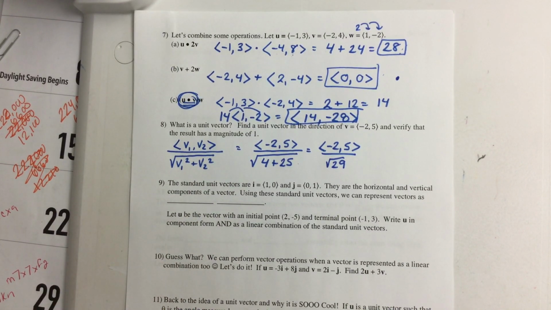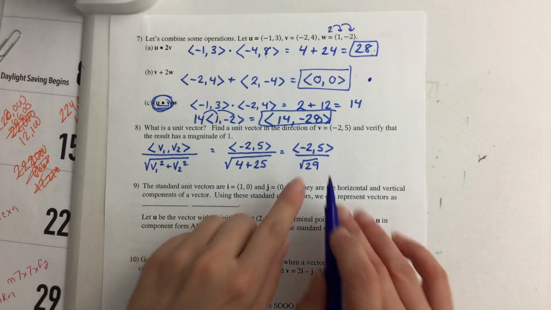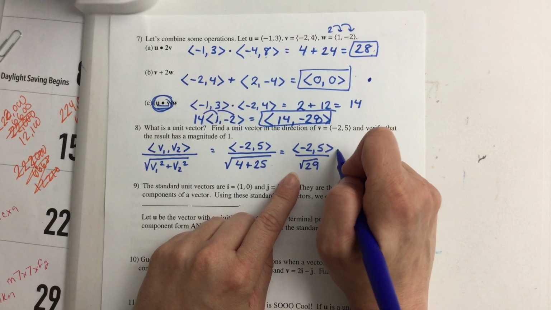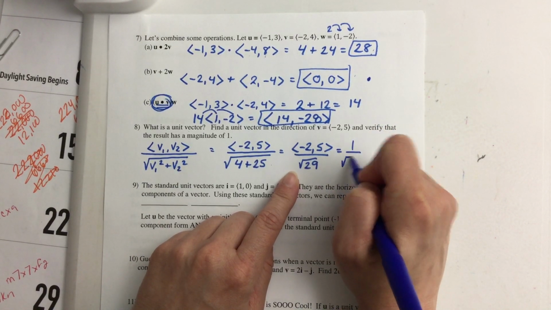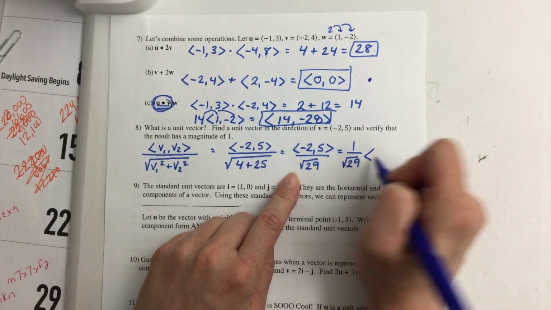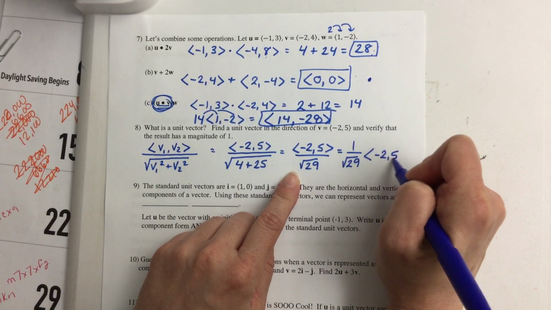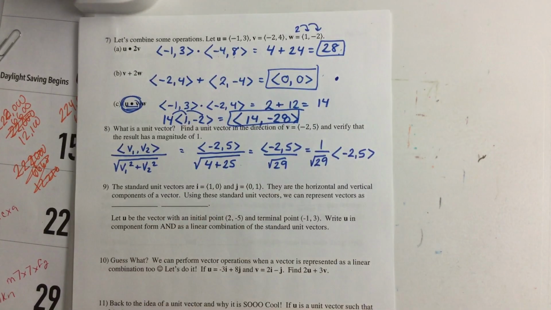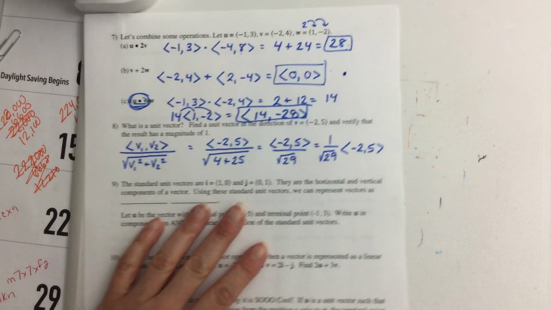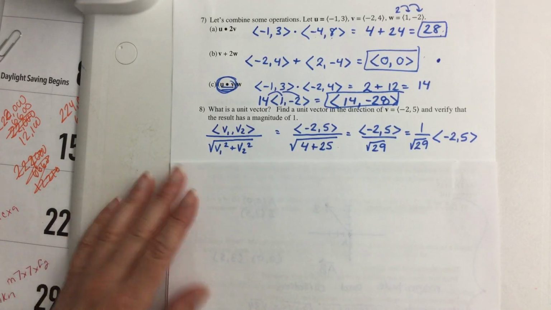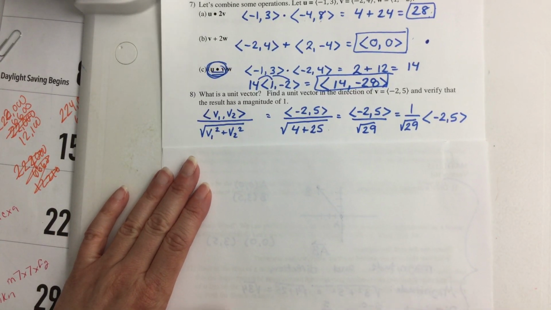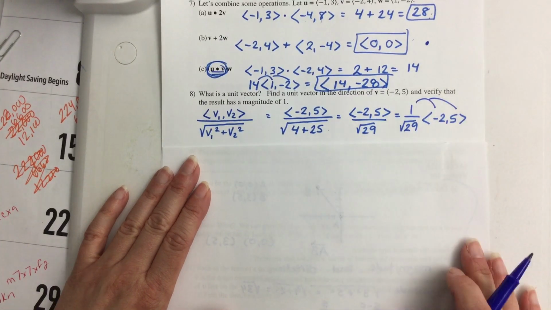Now what they had us do when we were talking about unit vectors is they said in order to turn this into a scalar, they bring out 1 over the magnitude, so that way it is next to the component form. Okay, so that's what you'd want to do next. Now, in order to actually find your unit vector, you go ahead and do scalar multiplication.